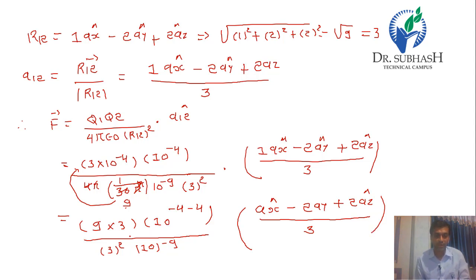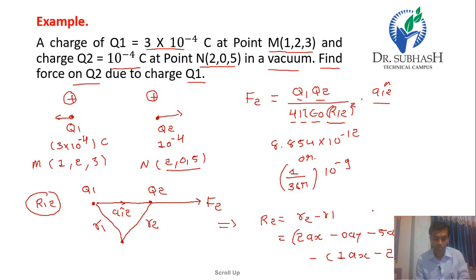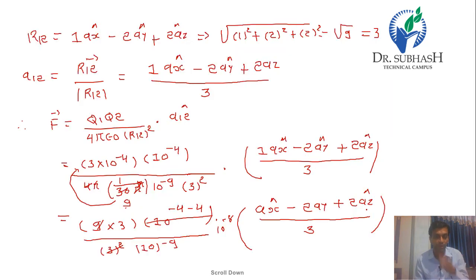Since 3 square is 9, the 9 will cancel out. 10 raised to minus 4 upon minus 9 gives 10 raised to minus 8 on top.